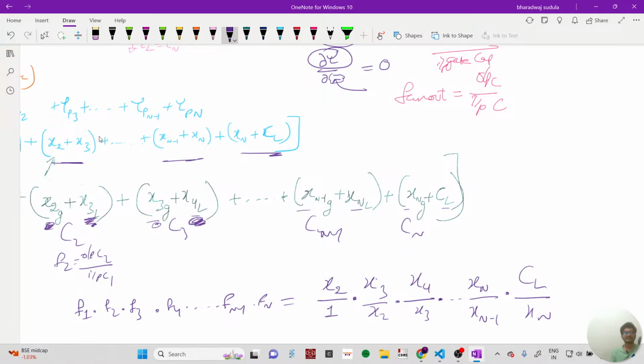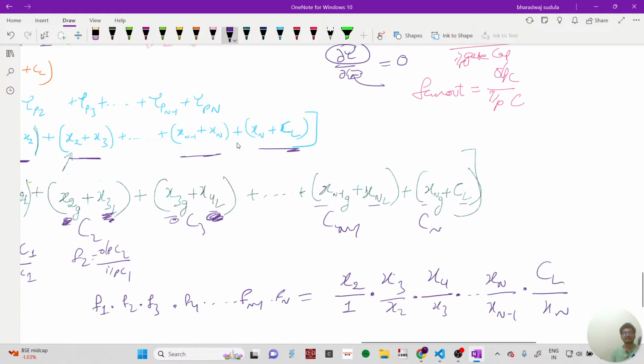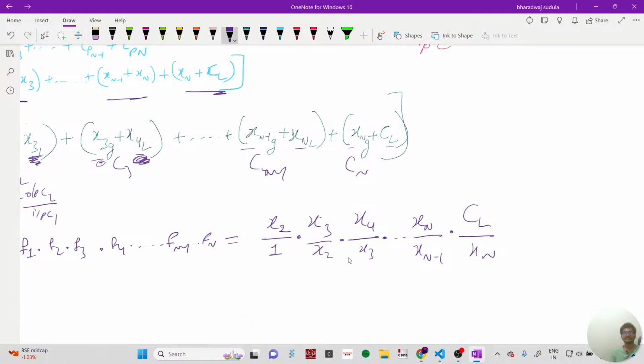Fan out of each and every gate in the chain of inverters, if I multiply the fan out of every gate, these will cancel out: x4 and x4, x3, x3, x2, x2.